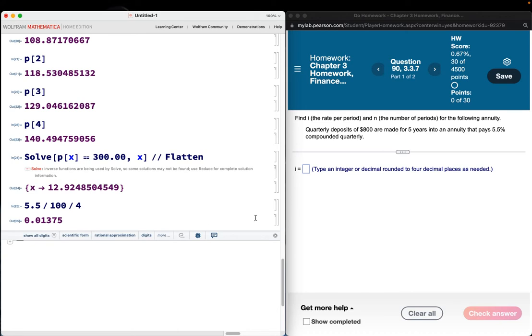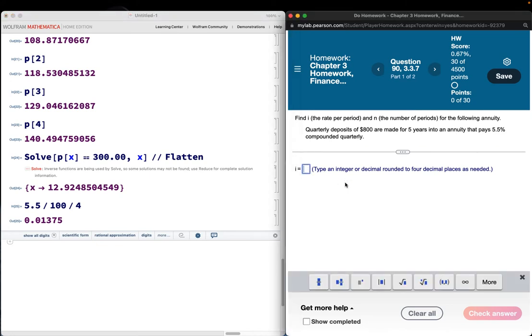Okay, so it says they want an integer or decimal rounded to 4 decimal places as needed. So if they're not including the number 1, and they're supposed to, but maybe they're not, it would be 0.0138 if I'm rounding to 4 decimal places.